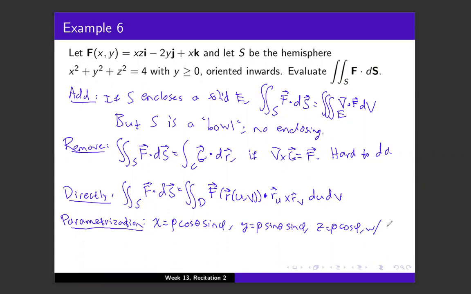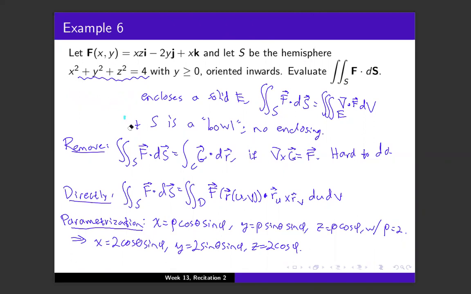But in this case, since the radius is 2, from the definition of the sphere that we've been given, we know that rho is going to be 2. So actually what we want is x equals 2 cosine theta sine phi, y equals 2 sine theta sine phi, and z equals 2 cosine phi.